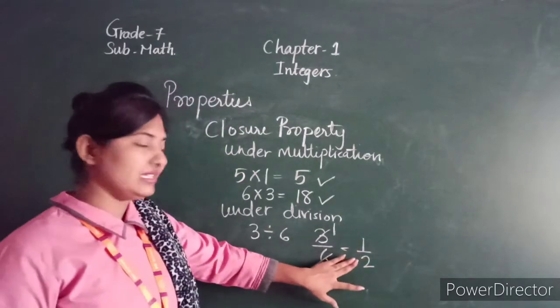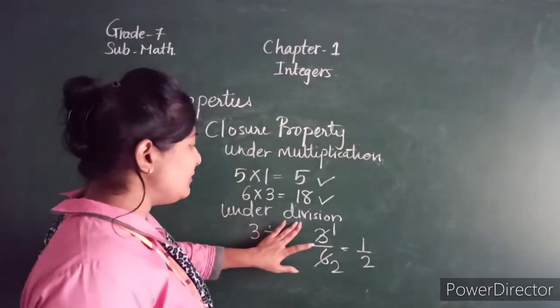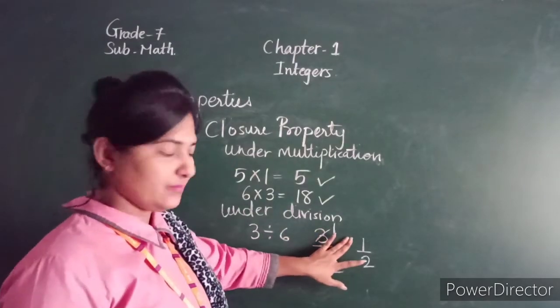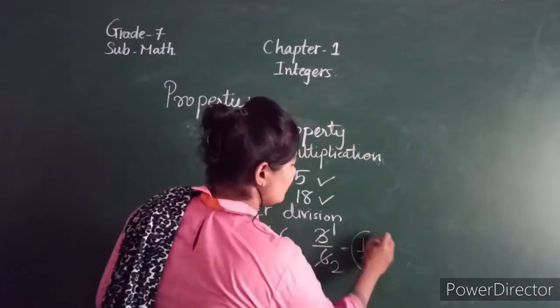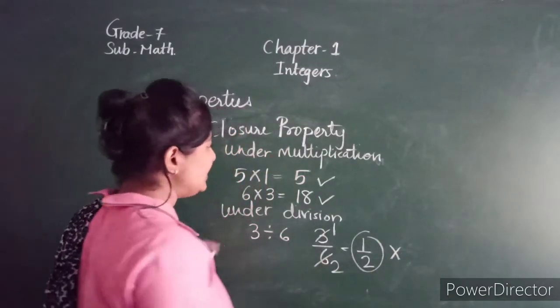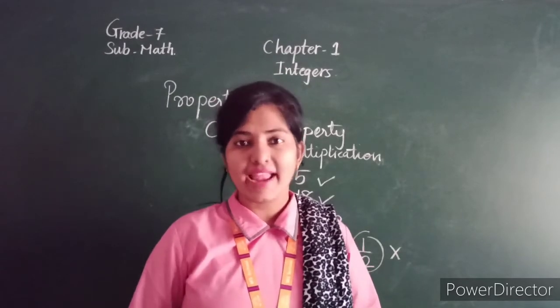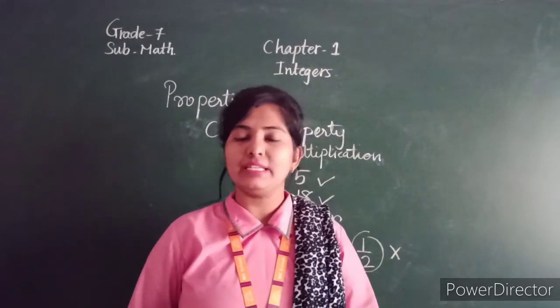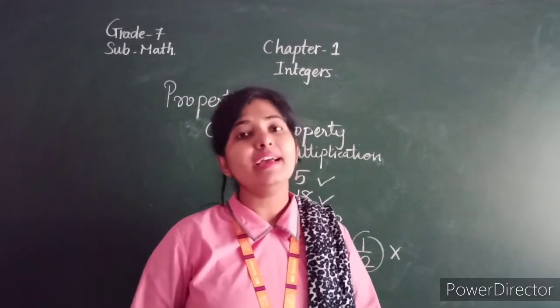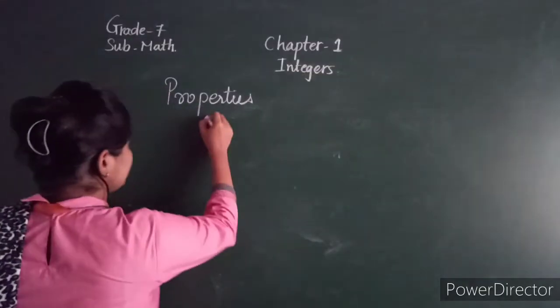This is not an integer. So closure property under division is not closed. Here we didn't get an integer. So closure property is closed in addition, subtraction and multiplication, but not in division. Now next is the commutative property.